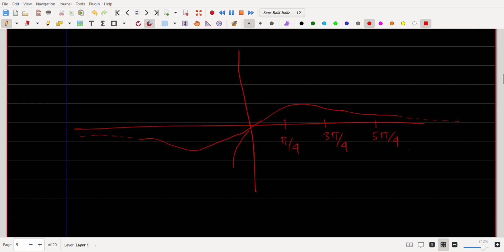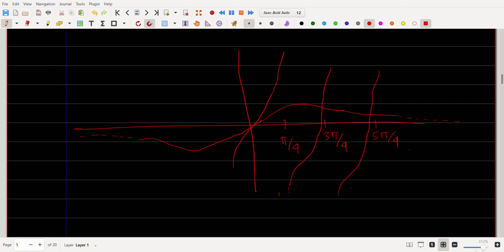And the graph should look like this, because there will be a discontinuity at pi by 4, 3 pi by 4, 5 pi by 4. So this is something like you have this and so on.